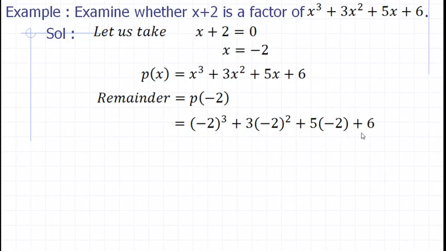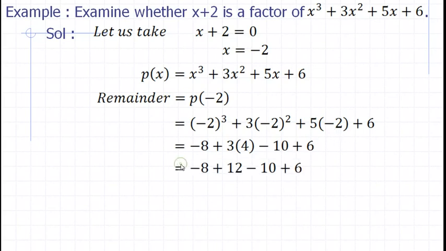We have substituted x equals minus 2 here. Let us simplify. Minus 2 whole cube is equal to minus 8, plus 3 into minus 2 whole square is equal to 12, plus 5 into minus 2 is equal to minus 10, plus 6. So minus 8 plus 12 is equal to plus 4, minus 10 plus 6.